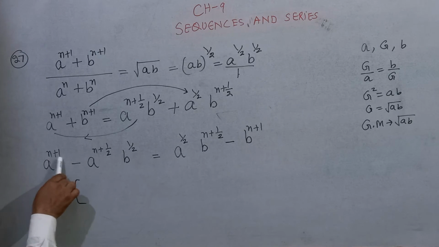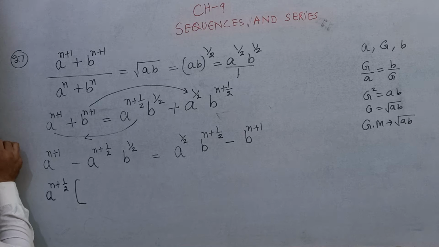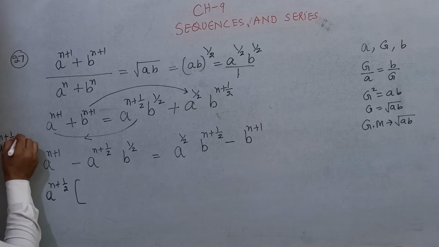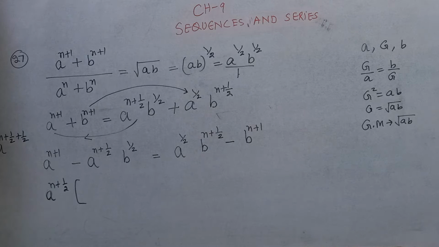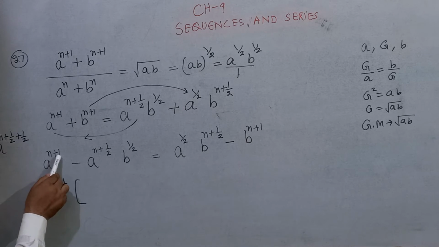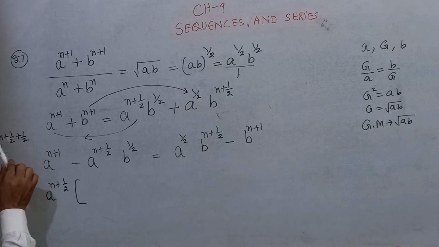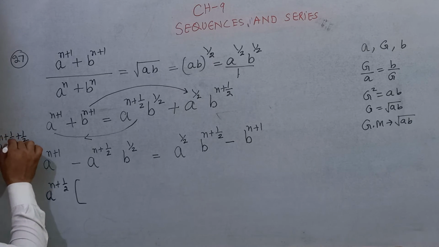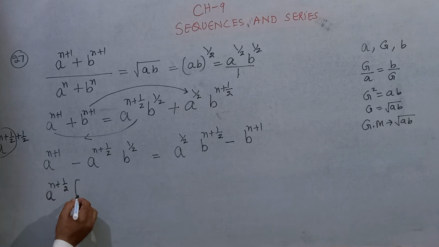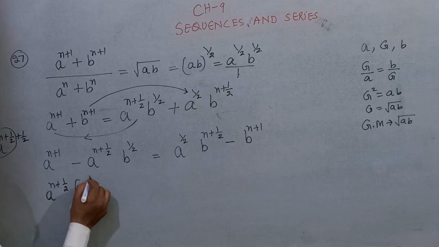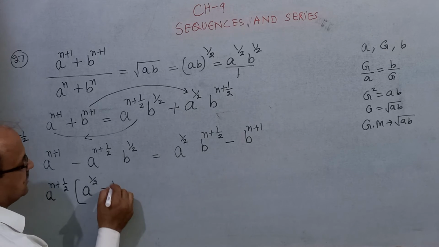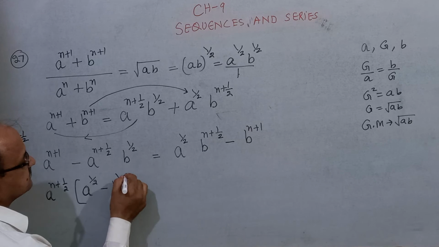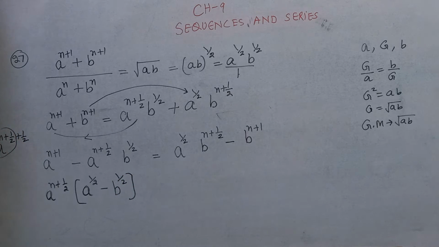So here you can write this term like this, a to the power n plus half. Can you write this term as this? In place of 1 you can write half plus half. Now you can take this common, then what is the remaining term? A to the power 1 by 2. This is the main step. Now the remaining term is b to the power 1 by 2.